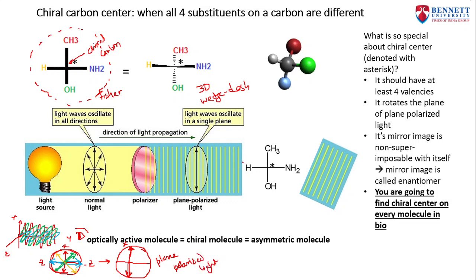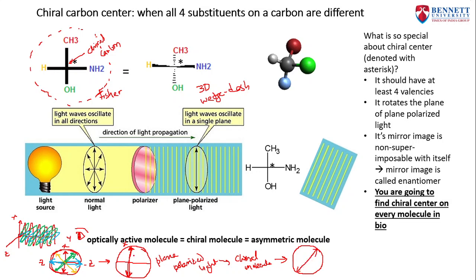So what happens between the plane polarized light and an optically active molecule, or a chiral molecule? When a chiral molecule interacts with plane polarized light, it leads to rotation of the plane polarized light.